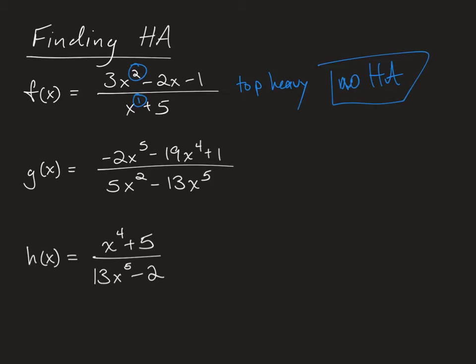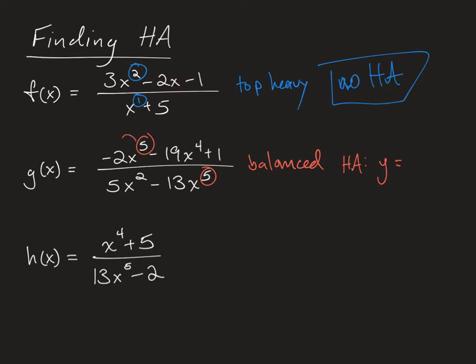Next, g of x equals all this mess here. And you're looking for the largest exponent in the numerator and the largest exponent in the denominator. Oh, and they're the same this time. All right, so this is balanced. So the horizontal asymptote here would be y equals, and we have to take the leading coefficient for each, the numerator and denominator.